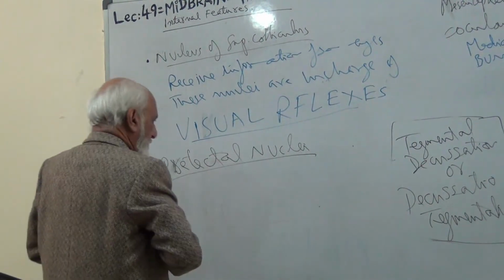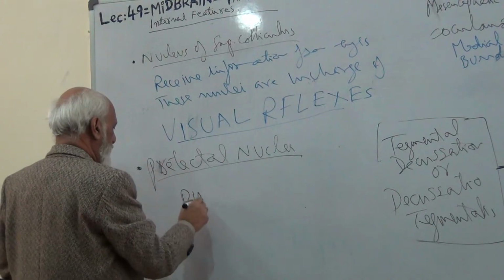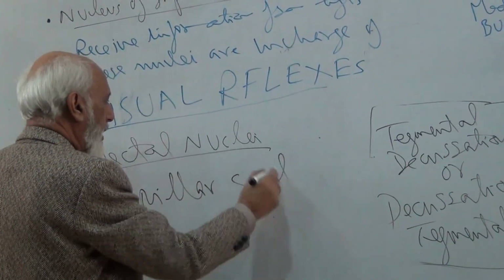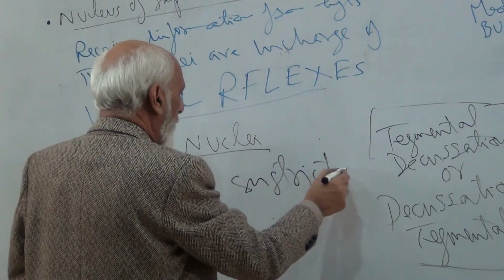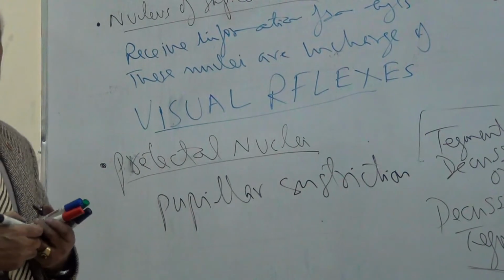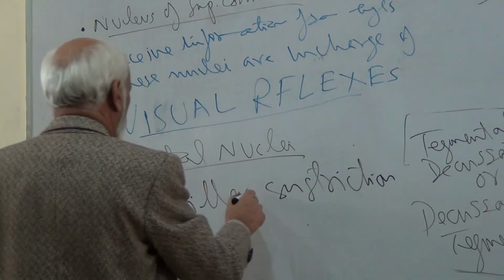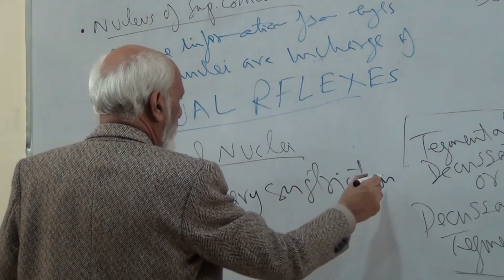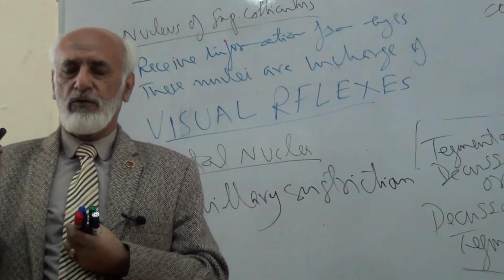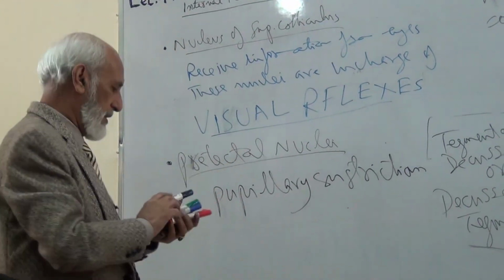These are responsible for pupillary constriction. When one pretectal nucleus is stimulated, the pupils of both eyes will constrict.